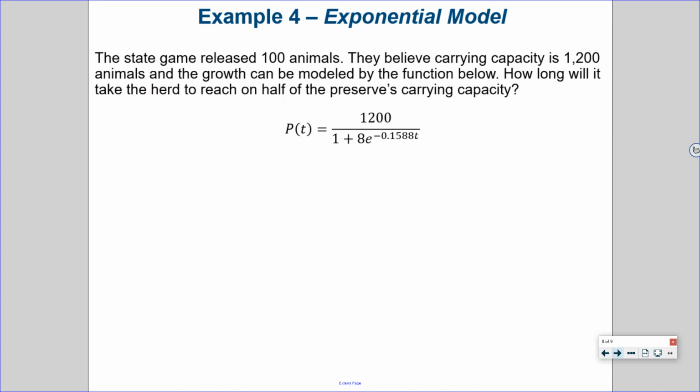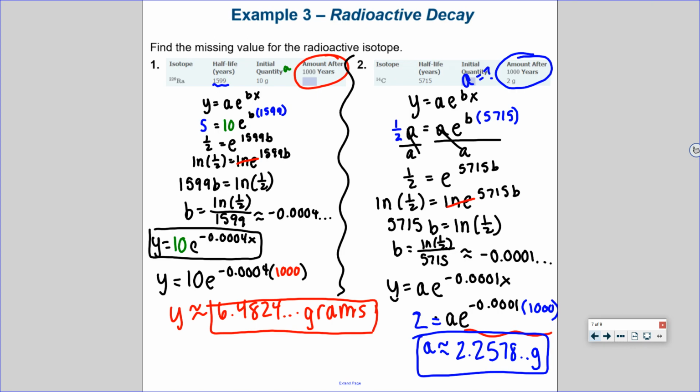The state game released 100 animals. Yes, question? How do they just come up with the equations? I mean, they model it in real life. There's ways to use your computer to come up with these models. It's crazy. Yeah. You just have to be trying. I mean, we came up with these ones ourselves. It's using algebra.